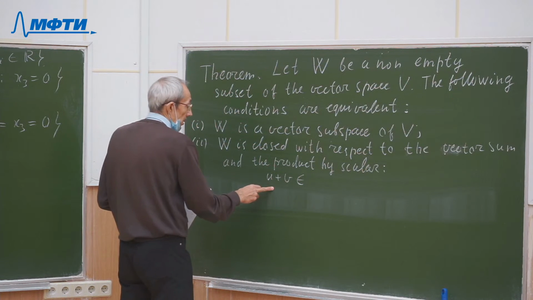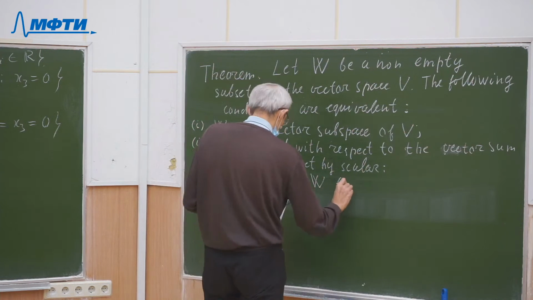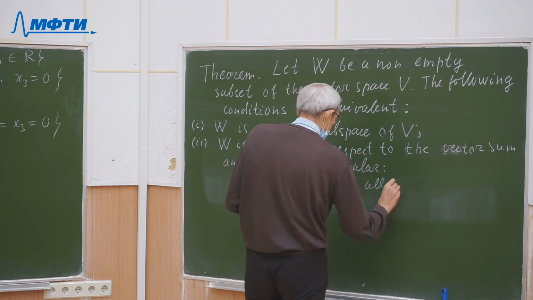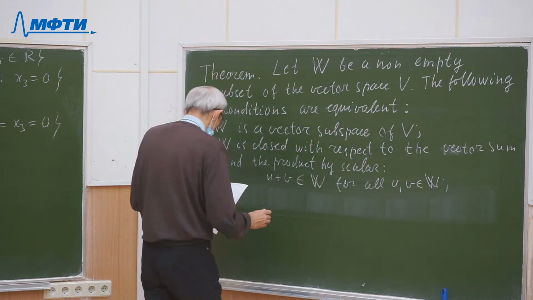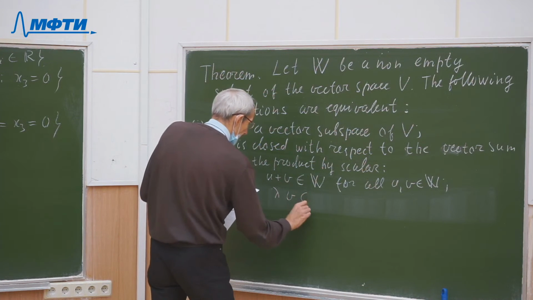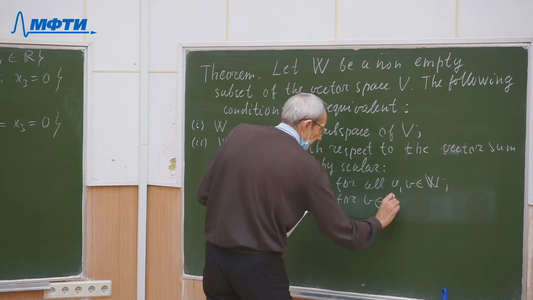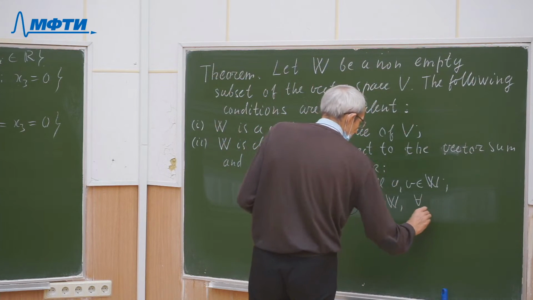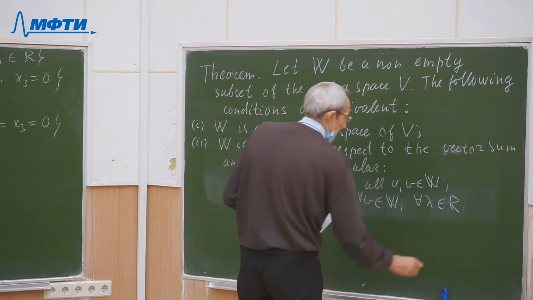Namely, u plus v belongs to W for all u, v from W, and lambda v belongs to W for all v from W and any real number lambda.